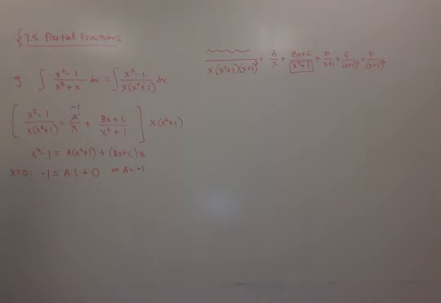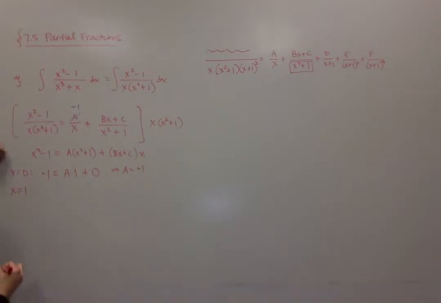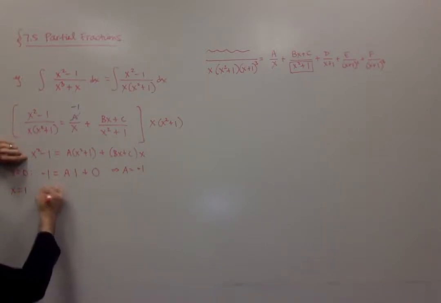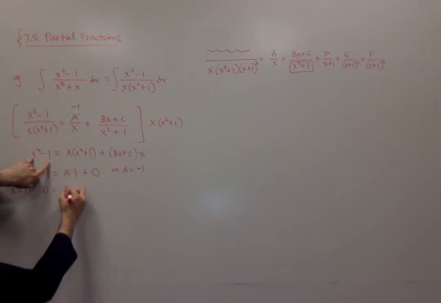Other thing now that you'll notice is that there isn't anything else clever that I can plug in that will cause everything except one thing to go away. So let's just plug in a couple of other things and see what happens. Let's try x equals 1, because I want to keep things simple here. If I plug in 1 here, I get 0. Here I get A times 2.